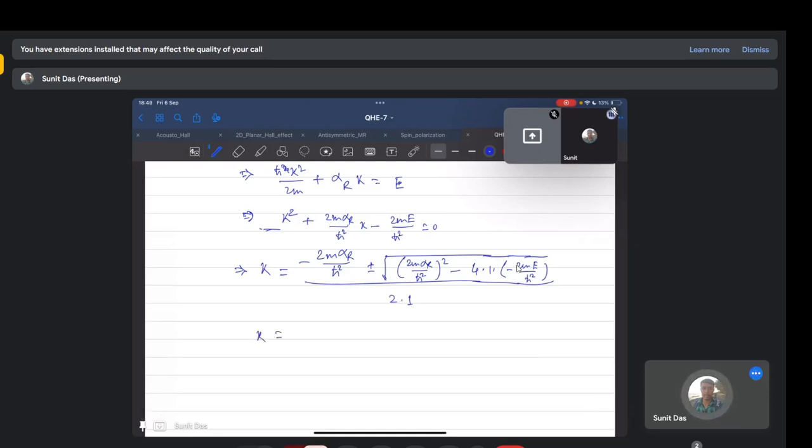We can have two roots because this is a quadratic equation in k. So minus m alpha R by h bar square.